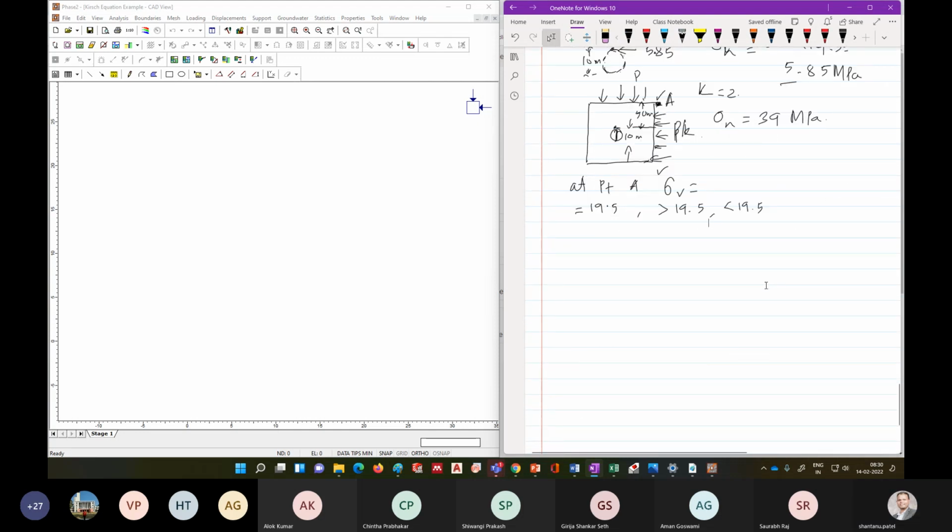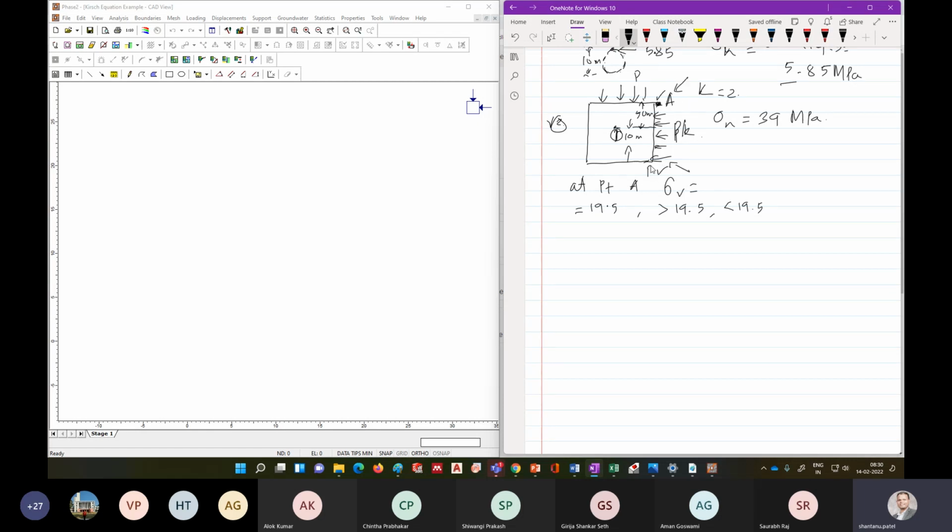Anyone? Sir, less. Less than. Yeah, because this is a little bit higher, right? So gamma z will be less. So at this point the stresses will be less, and at this point the stresses will be more.